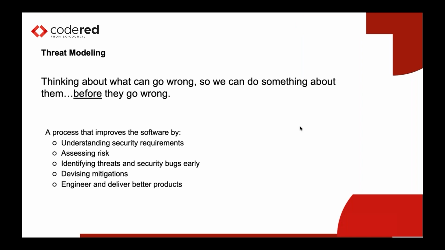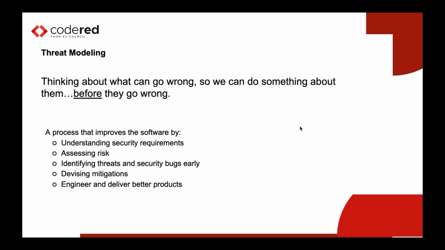So applying that to the applications and systems that you work with, these processes help improve security and the software in general by understanding the security requirements upfront, assessing the risk, calling out the security controls we have and whether they are effective enough for the threats we are talking about, and devising mitigations against them. It helps identify threats and bugs early, because it's very expensive to fix them once the applications go live.